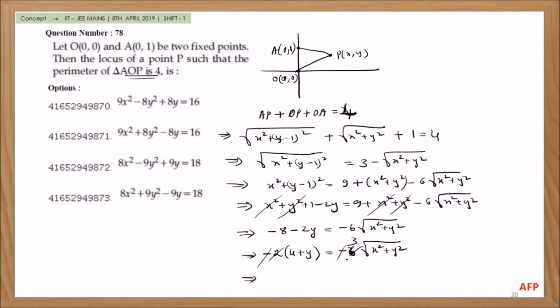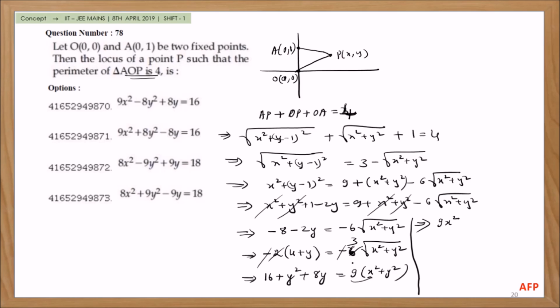Okay, now squaring on both sides: 16 plus y square plus 8y is equal to 9 times (x square plus y square). Okay, so if you write it here, this implies 9x square. I'll write it first, 9x square.